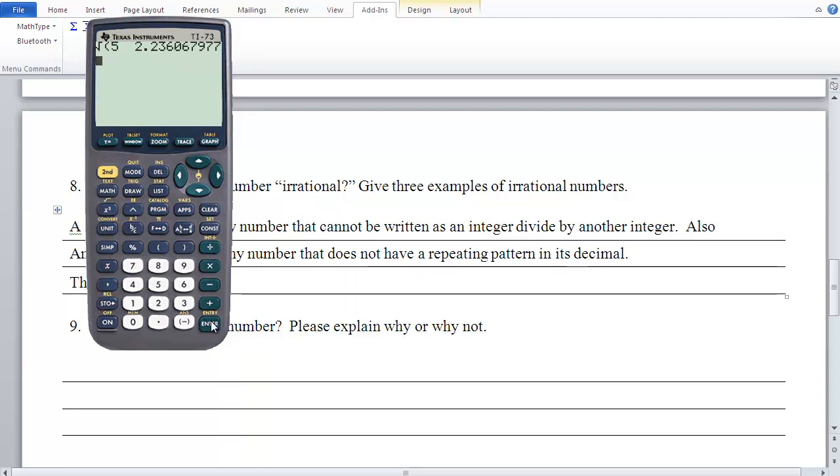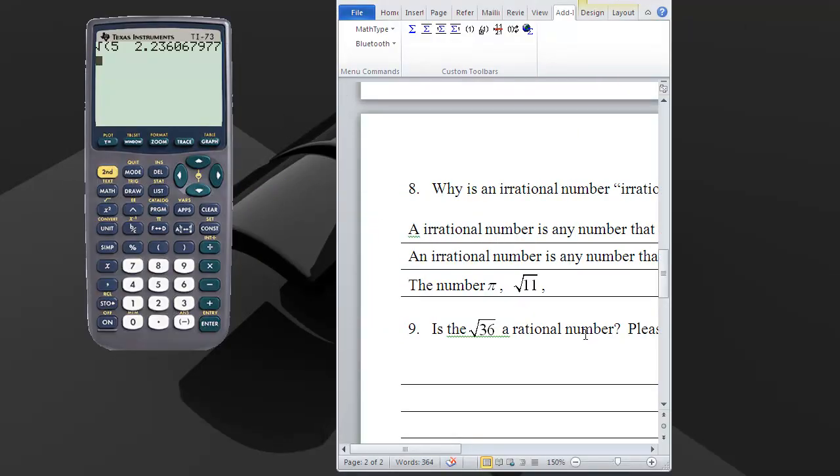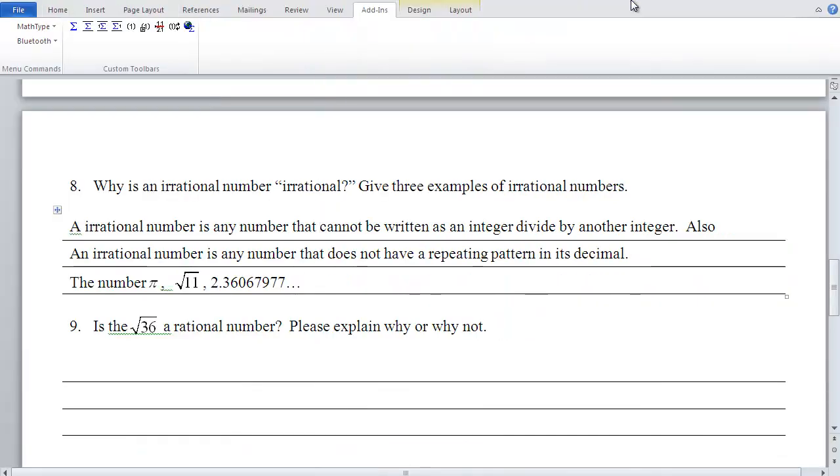The square root of 5 is 2.36067977, dot dot dot. So there's no pattern in that number, right? These are all examples of irrational numbers. Okay.